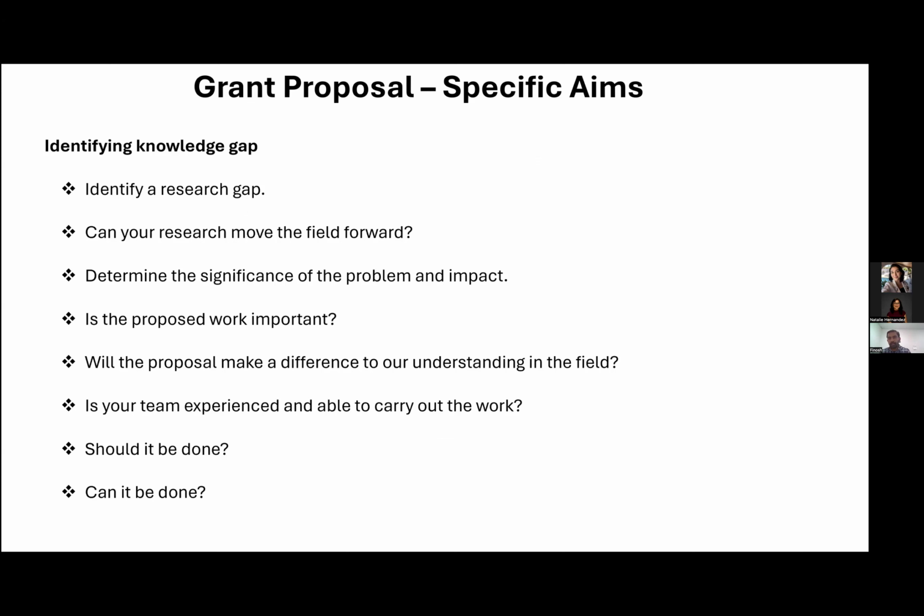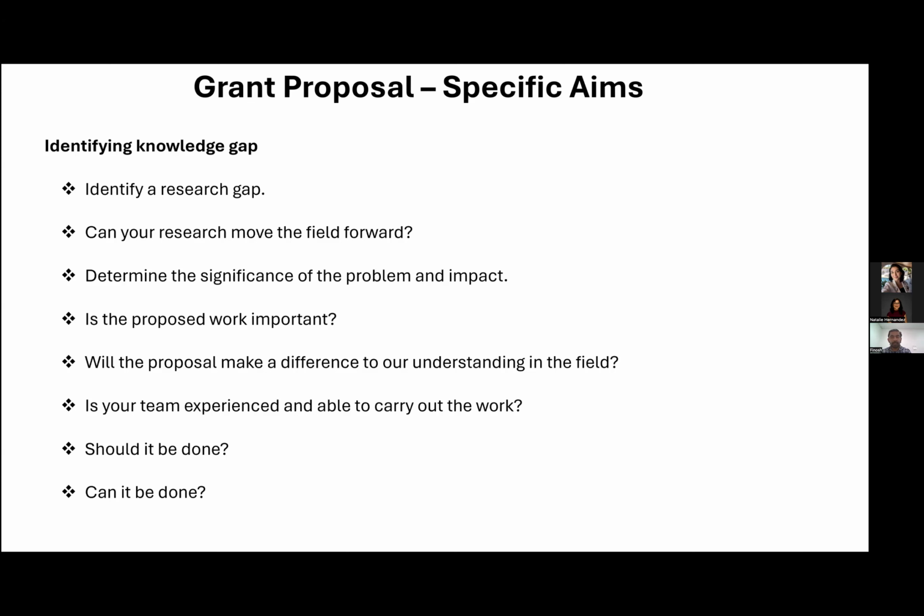And as I mentioned, how to identify the gap. Read the literature and see which areas the scientific community is trying to mend the gap or trying to achieve. There you will get the knowledge gap. And then see whether your research can move the field forward.